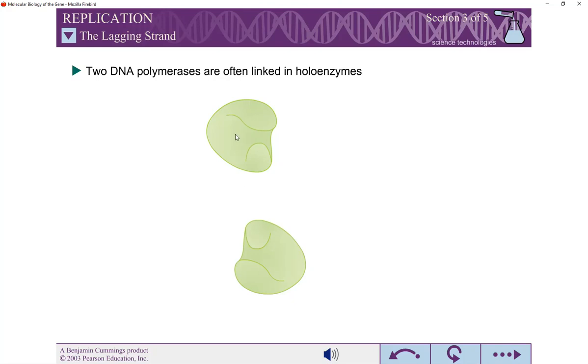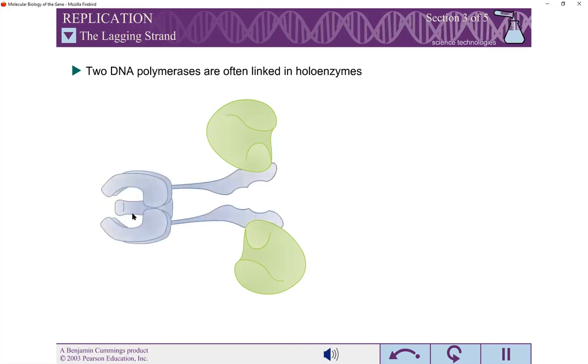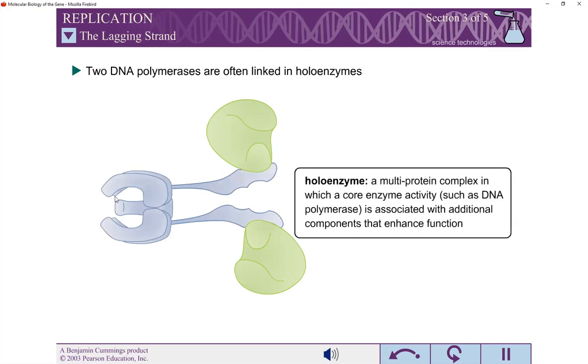They are joined with each other with the help of the tau subunit. The two DNA polymerases responsible for replicating the leading and lagging strands are linked together in multi-protein complexes called holoenzymes.